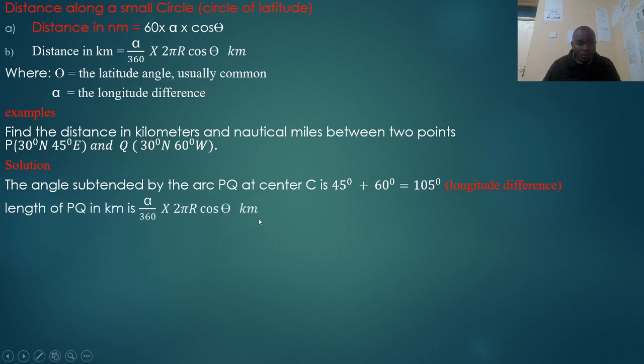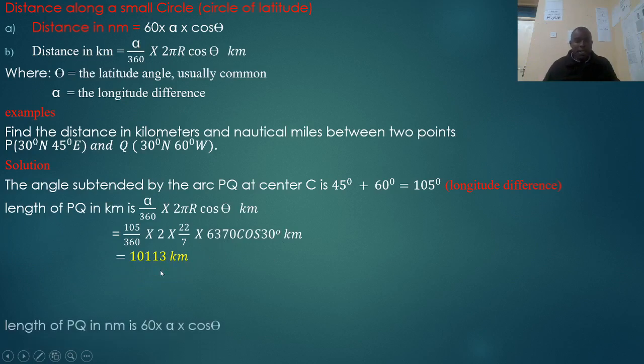And in kilometers, we shall use the formula theta over 360 times 2 pi r cos theta, which our alpha now is 105. So it will be 105 over 360 times 2 times 22 over 7 times 6370 cos of 30, which gives you 10,113 kilometers.